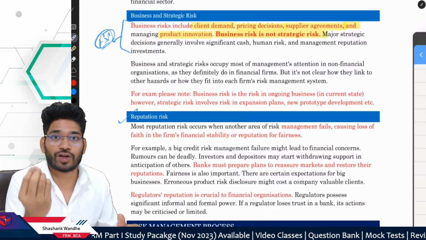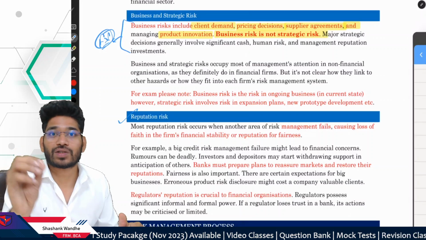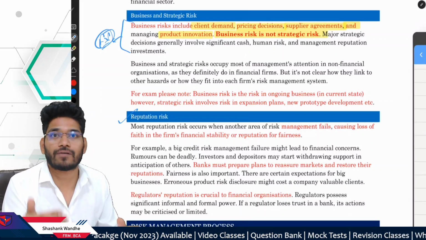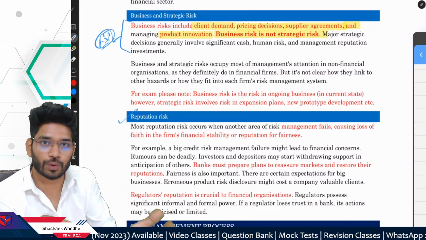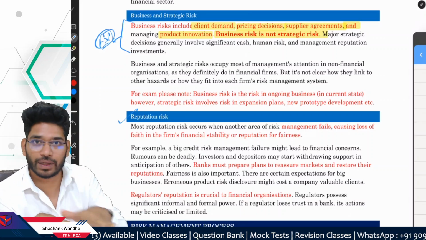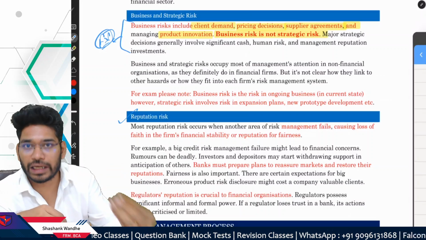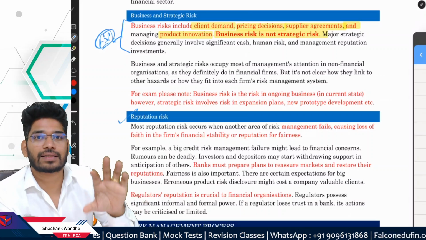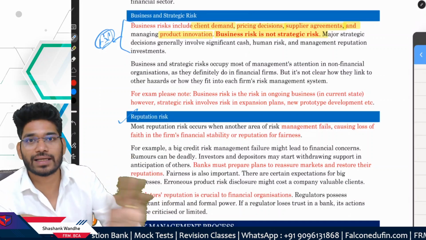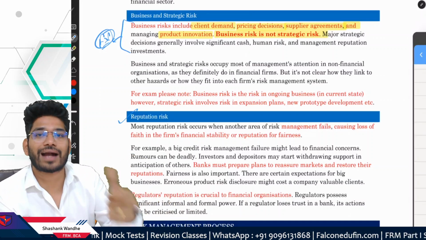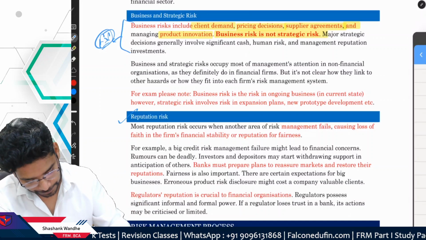This was your strategy, and your strategy failed. Strategy will always come when you are doing something new. So always remember this: if you are doing everything for the existing business, this is business risk. If you are doing something new, this is strategic risk. For the new things, you have a new strategy, and your strategy must fail for the strategic risk.